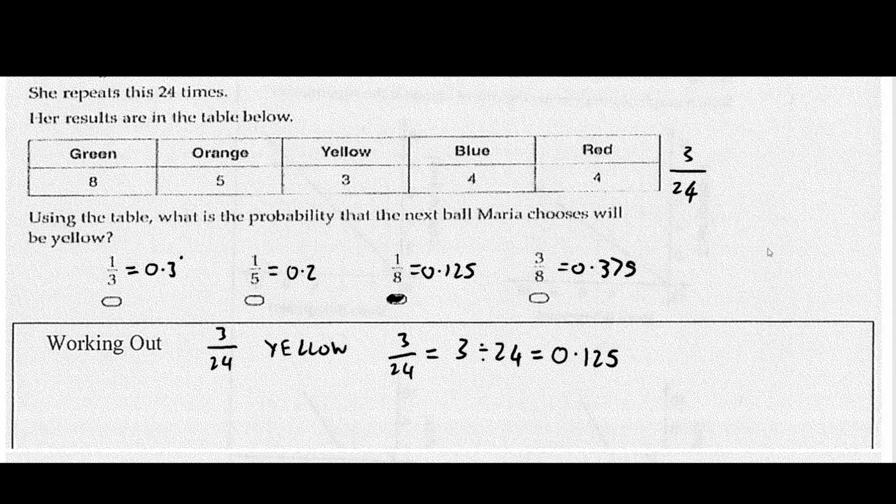So 1 over 8 is the correct answer. Why? Because it's the same decimal as 3 over 24. So 1 over 8 and 3 over 24 are equivalent fractions.